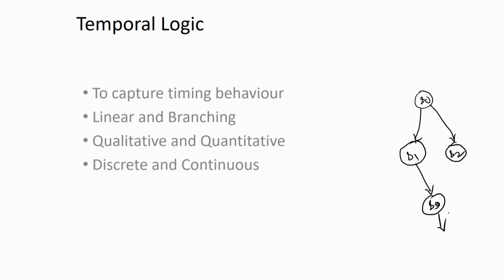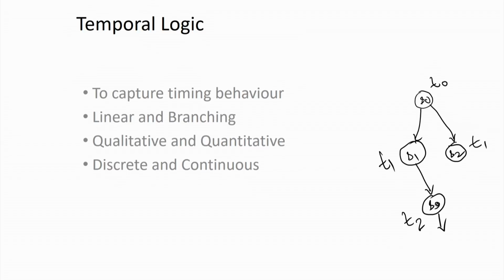If at time t0 the system is in S0, then at time t1 it can go to state S1 or it can go to state S2, and once it comes to the state S1, then in the next clock cycle the system can go to S2. So, this is the timing behavior of our system.